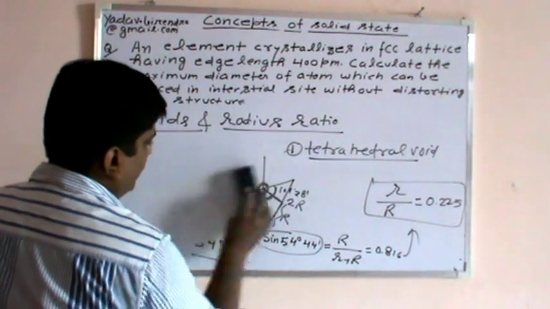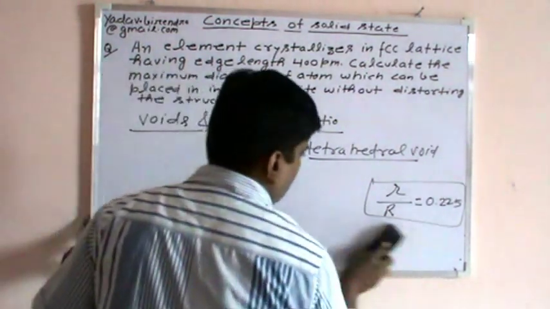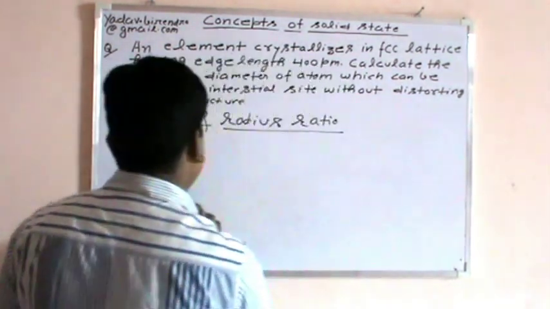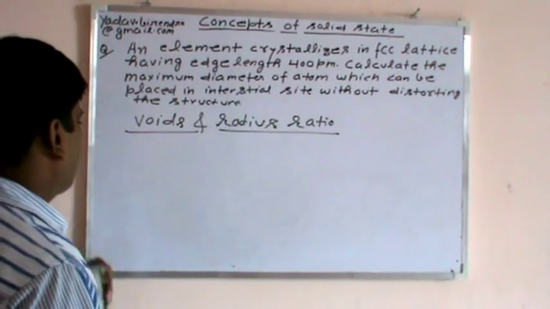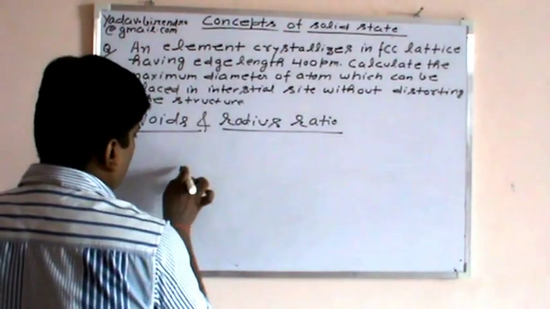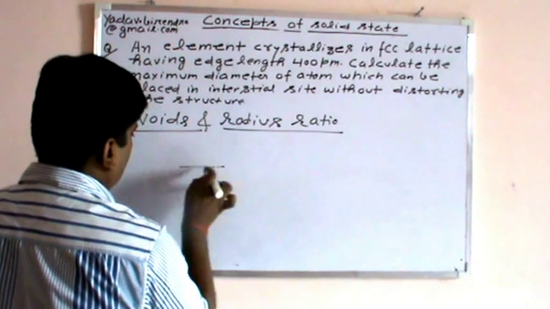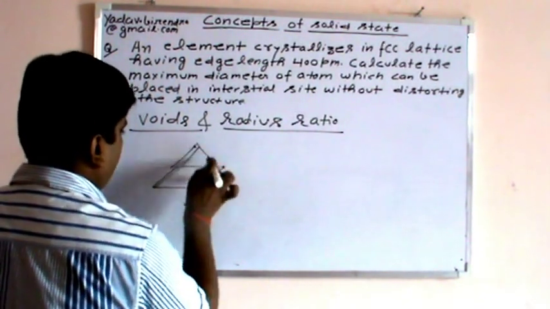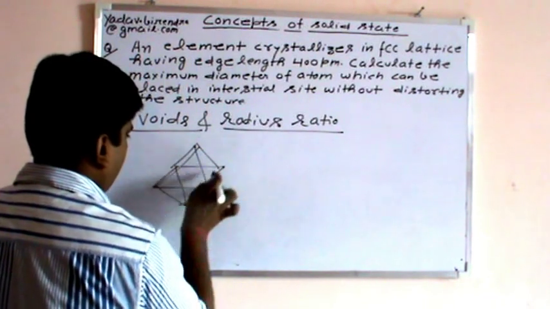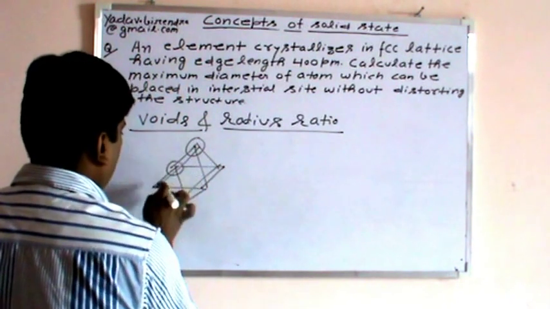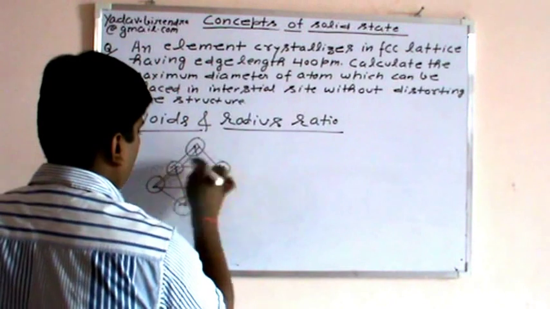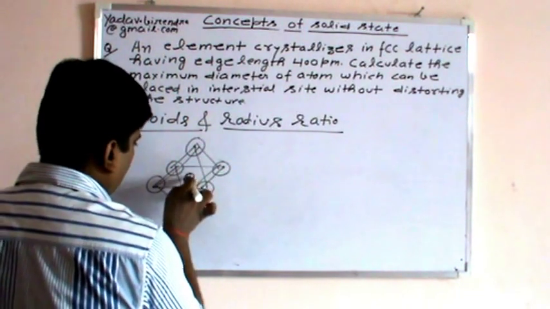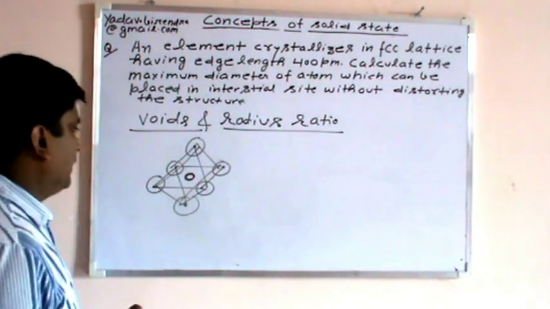Now we'll try to find out the size of the atom which can be placed inside the octahedral void. Now in case of octahedral void, we have to draw this, and inside the void we put another atom.